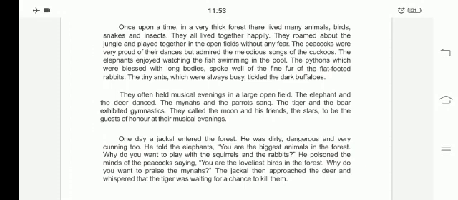Admired means to respect or like somebody. Even though they are proud of their dance, they respect the melodious songs of the cuckoos. The elephants enjoyed watching the fish swimming in the pool, and the elephants used to enjoy watching the fishes in the pool.